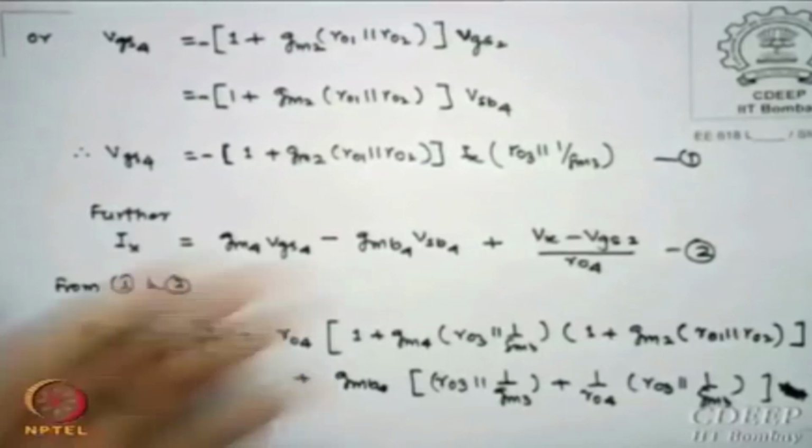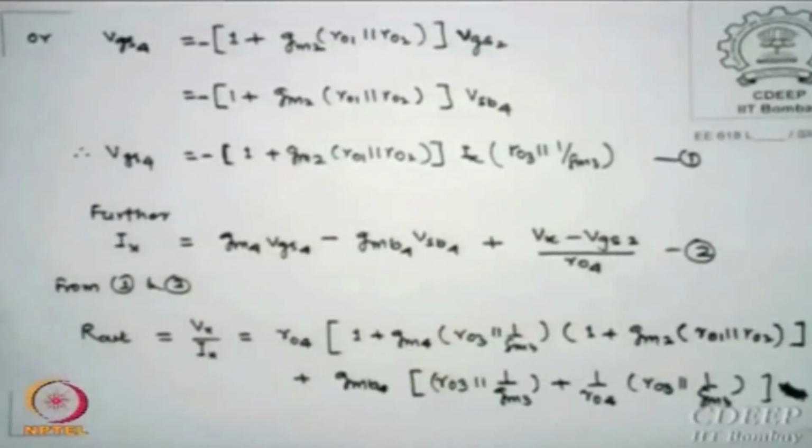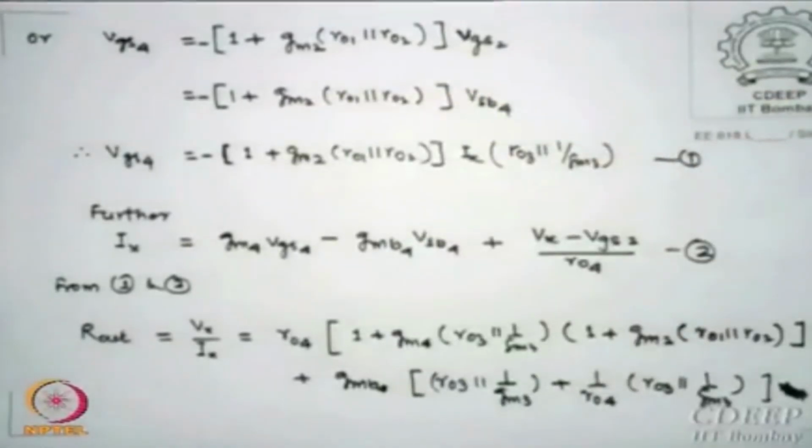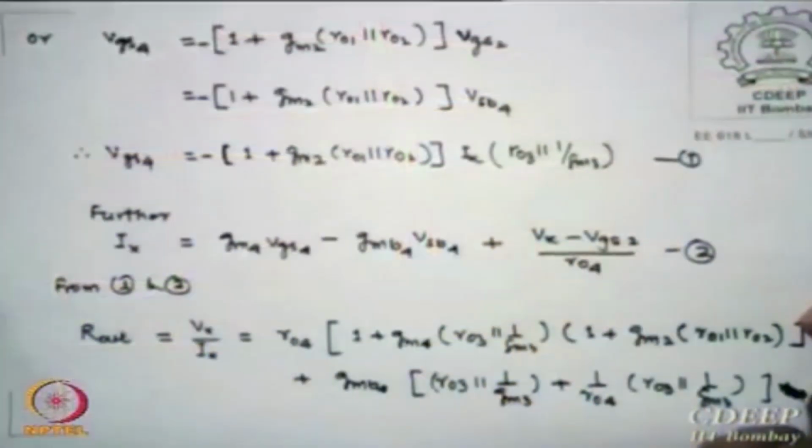Then I used these 2 equations and evaluated Vx. Wherever VGS4 is there, I substituted all of it here, collected the terms for Ix, collected terms for Vx and then divided Vx by Ix. So just check, this is ro, I do not know which one, but some ro must appear there.